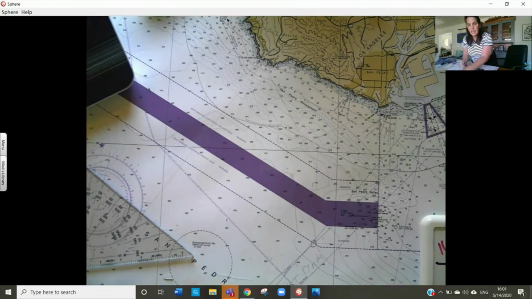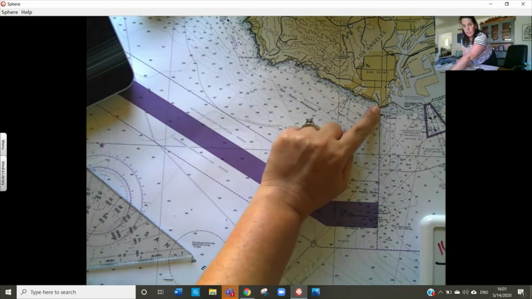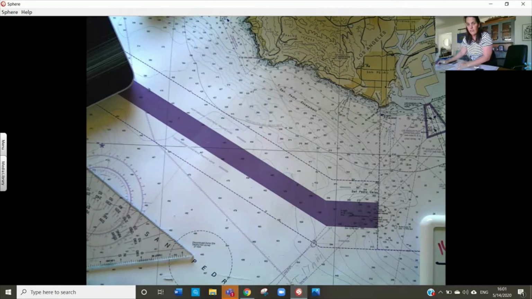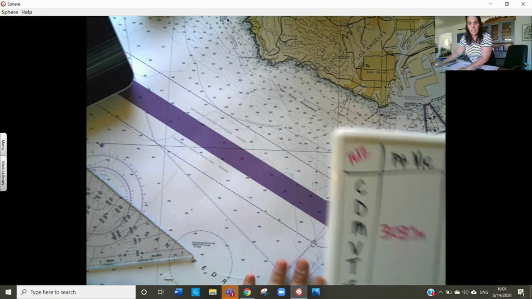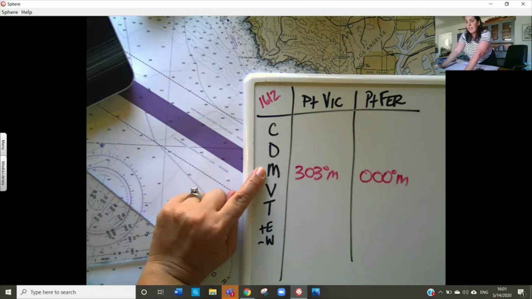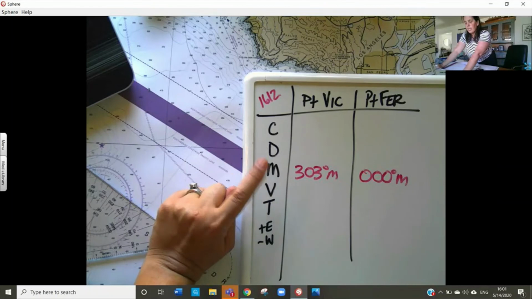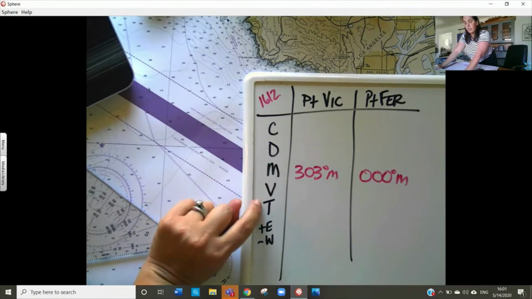Okay, so we have Point Vicente here and Point Fermin here, and we have our bearings using a handheld compass. So that means they come in as magnetic. We don't have any deviation for them. So they come in as magnetic, we still need to convert them to true.